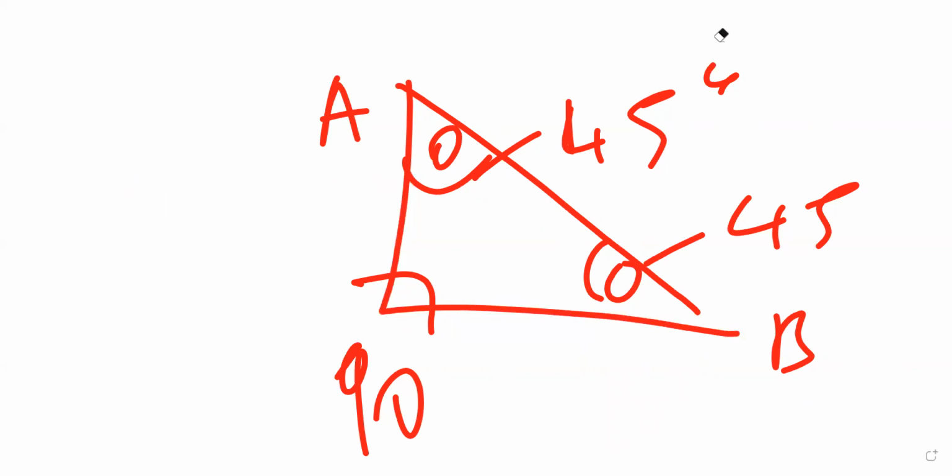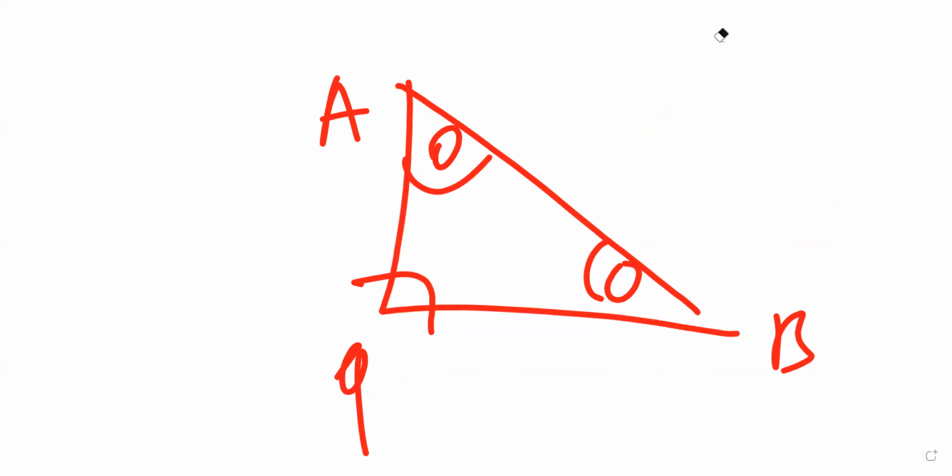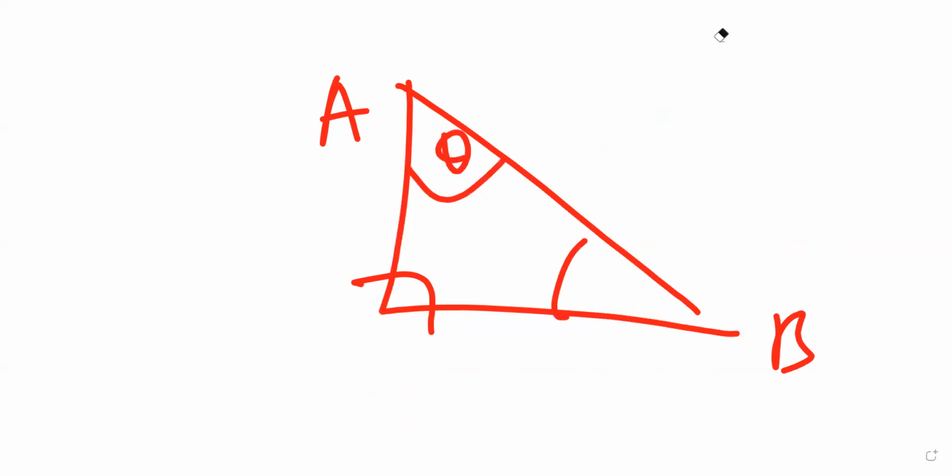So let's try to understand the concept of using the cosine and the sine function as a relationship in solving for missing sides and missing angles of a right triangle. Now, if I label these dimensions 3, 4, 5, let's look at this carefully.